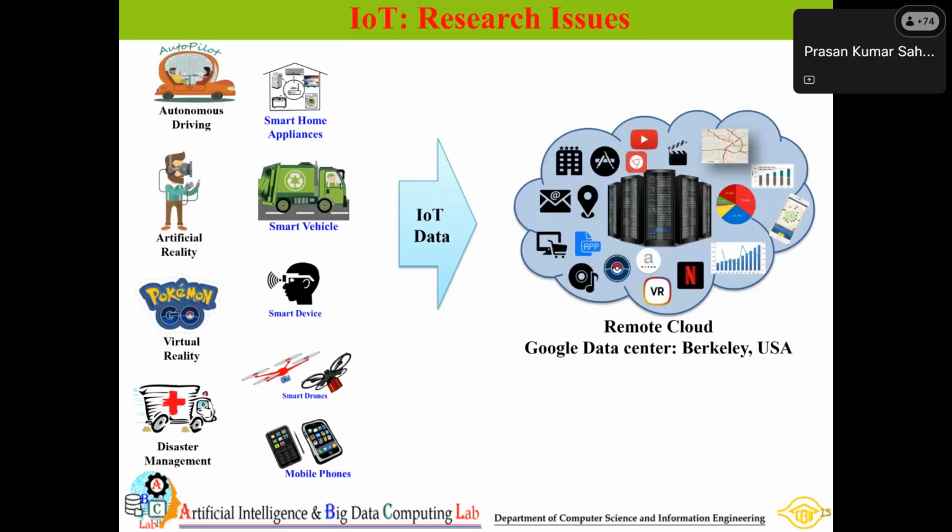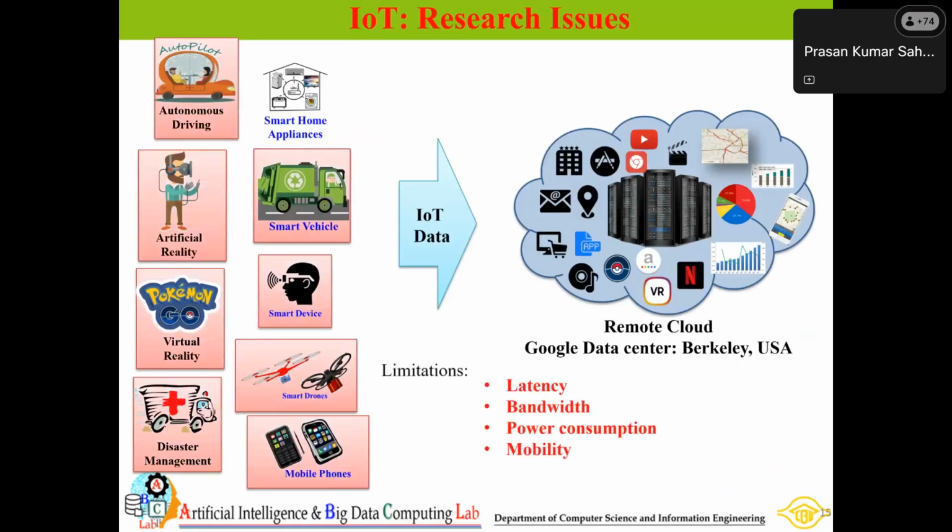It could be augmented reality, it could be virtual reality, it could be disaster management, and we may use smart home appliances or smart vehicles or smart devices or smart drones or mobile phones, as I have mentioned earlier. And those IoT data can be transmitted to the remote cloud data centers. And in this case, the latency, bandwidth, power consumption, mobility, these are the limitations, so we can consider them as our research issues.